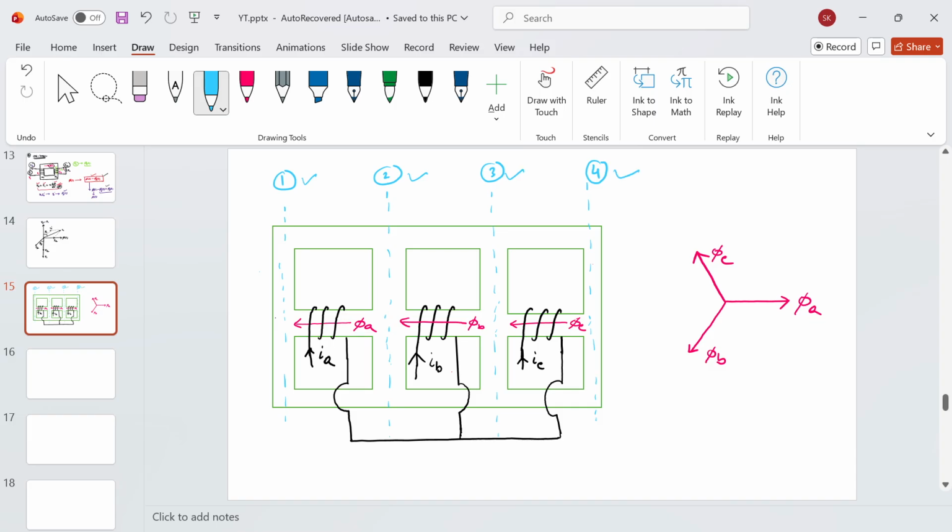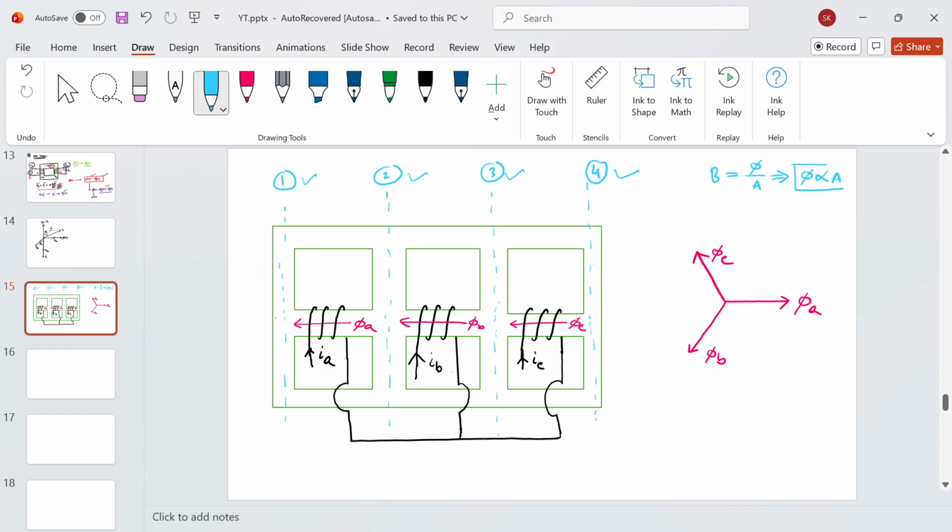We will check the flux flowing through all four sections, and once we know the flux throughout these sections, we can comment on the core requirement, because flux density B equals phi by A. For constant flux density, flux is proportional to the area.